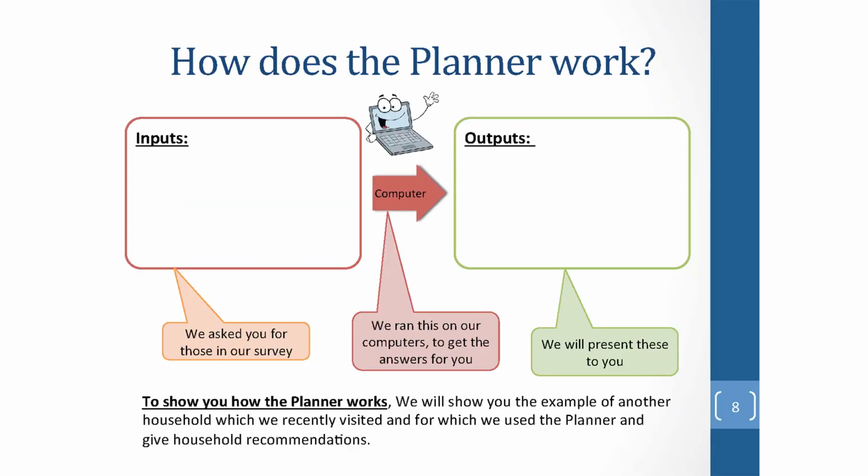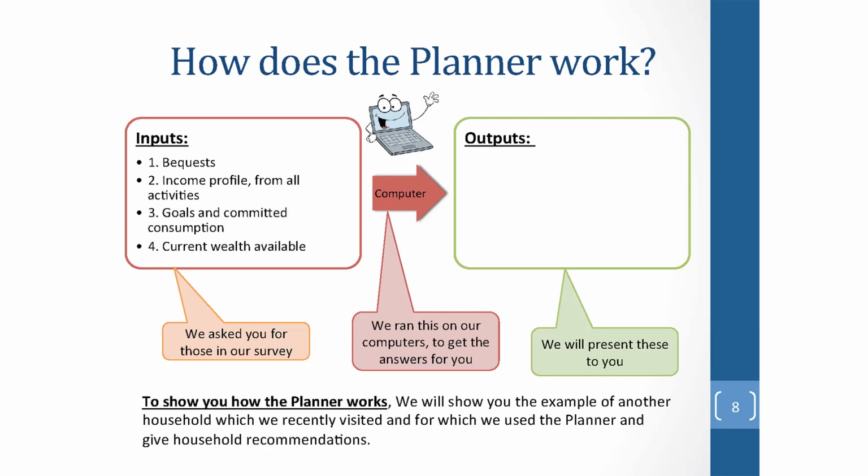All right. So here is a bit of what we show the household. We explain to them, we go and interview them, and we have been getting data from them all along, but this is extra. So we tell them we want to know how much they're planning to give to their kids, if anything, try to elicit their current income profile and future movements in income, get their goals, and get their current wealth.